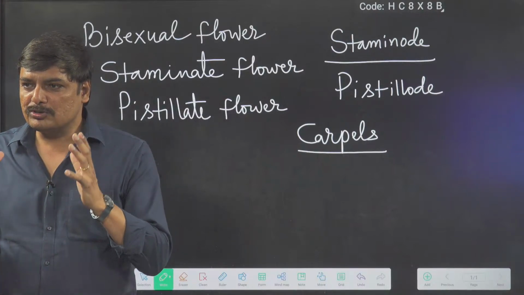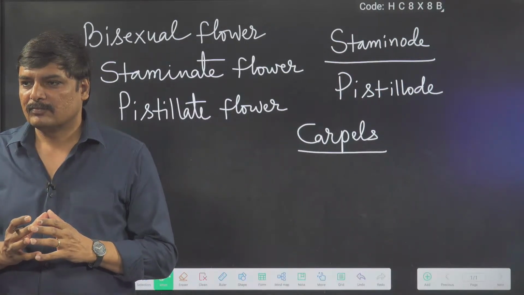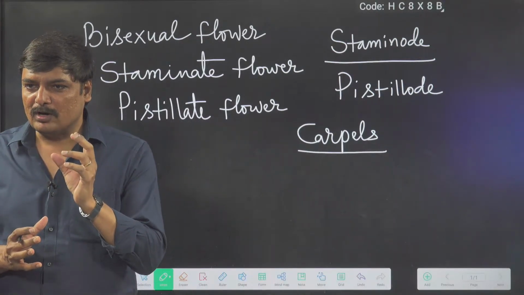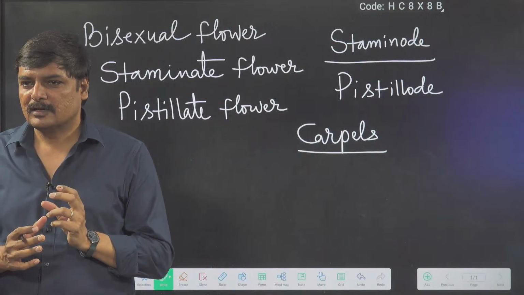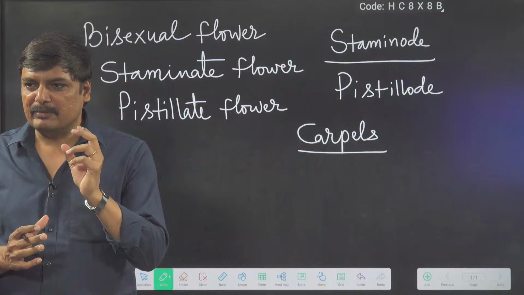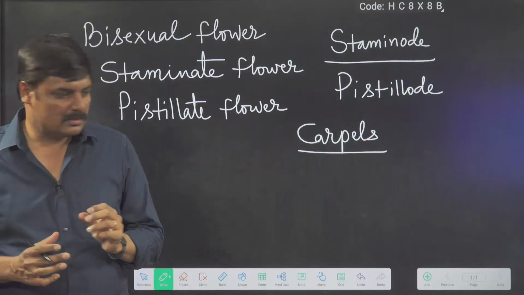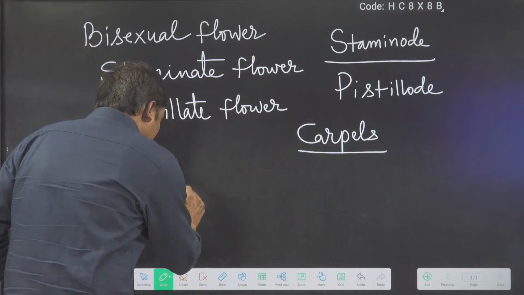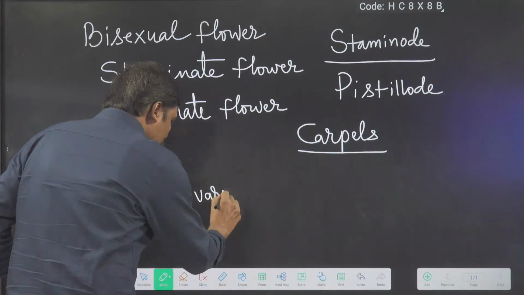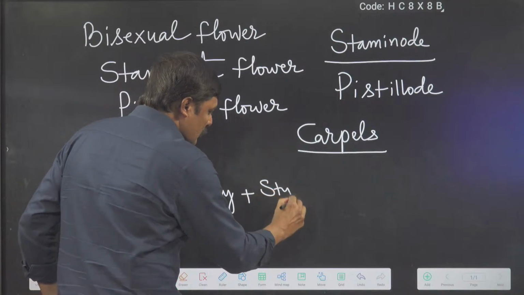What are those three parts of a carpel? Basal swollen part, middle elongated part, and terminal part. The basal swollen part is called the ovary. The middle elongated part is the style.